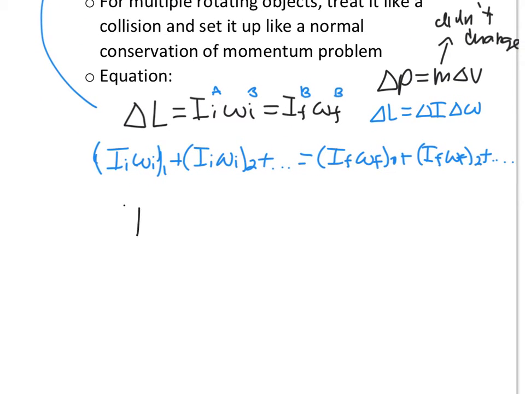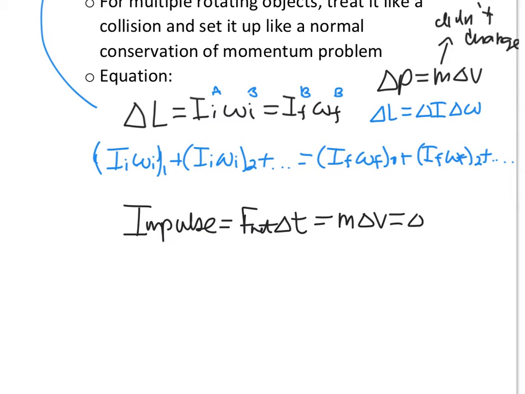So we know from linear motion, and this is going to get confusing, I'm going to write this out, that impulse equals your net force times delta t, which also equals your mass times the change in velocity, which is just, by definition, change in momentum. So impulse, by definition, is change in momentum.